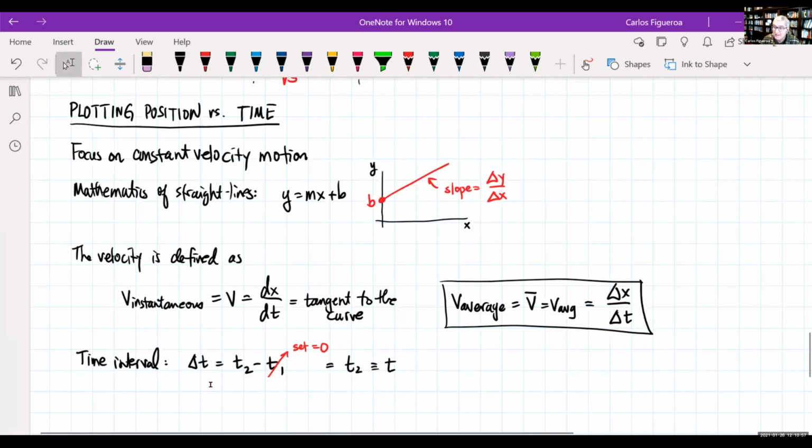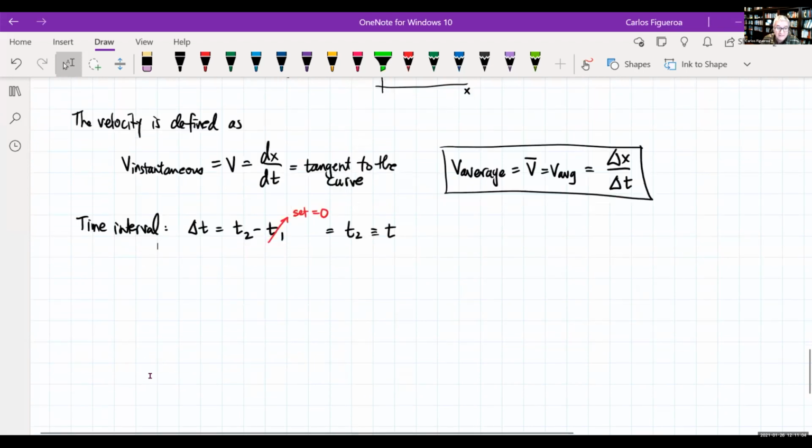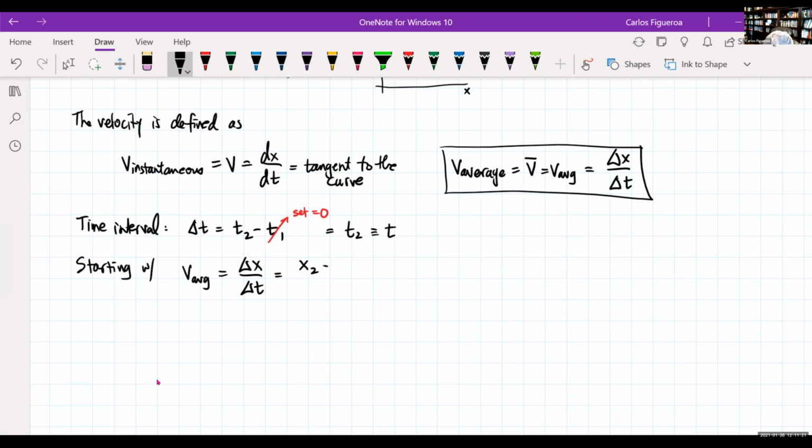So if this is the case here, then look what happens now. What I'm going to do is take my equation, starting with V average is then delta X over delta T. And so there are 2 different points for the displacement, but our time now, because we define T1 as equal to 0, looks like this here.